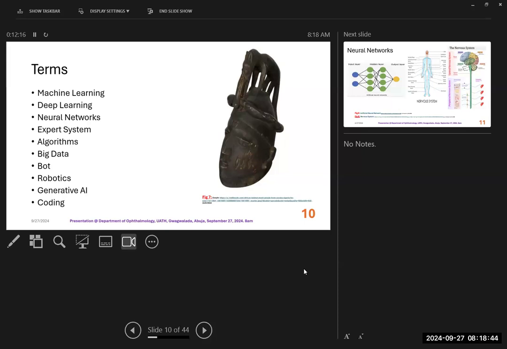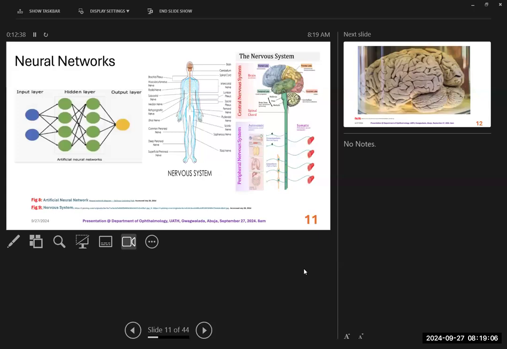Then generative AI, when you are creating new content, maybe as I'm speaking now, there is conversion to song or to video, something like that. You are generating new content, something like coding. Those are some of the terms that you may come across when you are talking of AI.